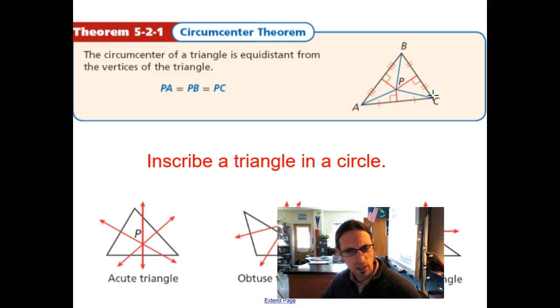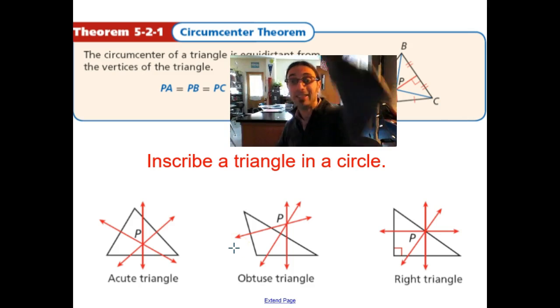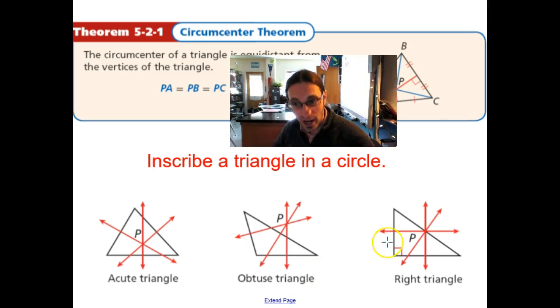So if you have a triangle and you take the perpendicular bisector of each side, you get a point that's equidistant to the 3 corners of the triangle. Very cool. What's so neat is, on an acute triangle, it's inside. In an obtuse triangle, that point is outside. And on a right triangle, that point is on the hypotenuse.